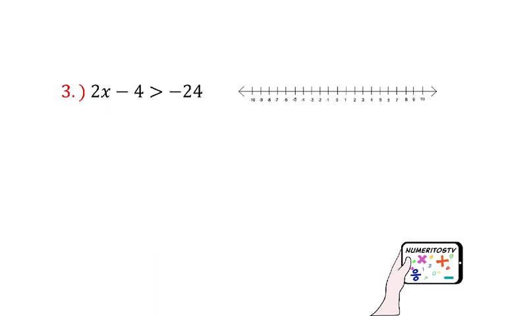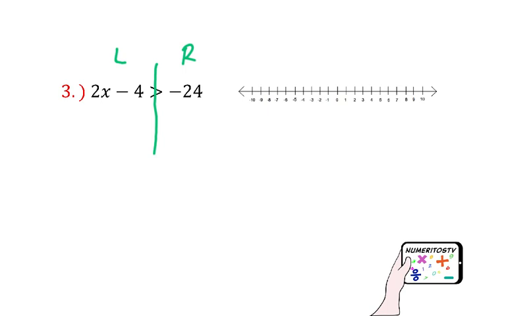Let's try this inequality. So I solve left and right. You need to isolate x. In this case, we have 2x minus 4, so you need to get rid of these two numbers. And remember that we're doing inverse operations, so we need to do the inverse of the order of operations.